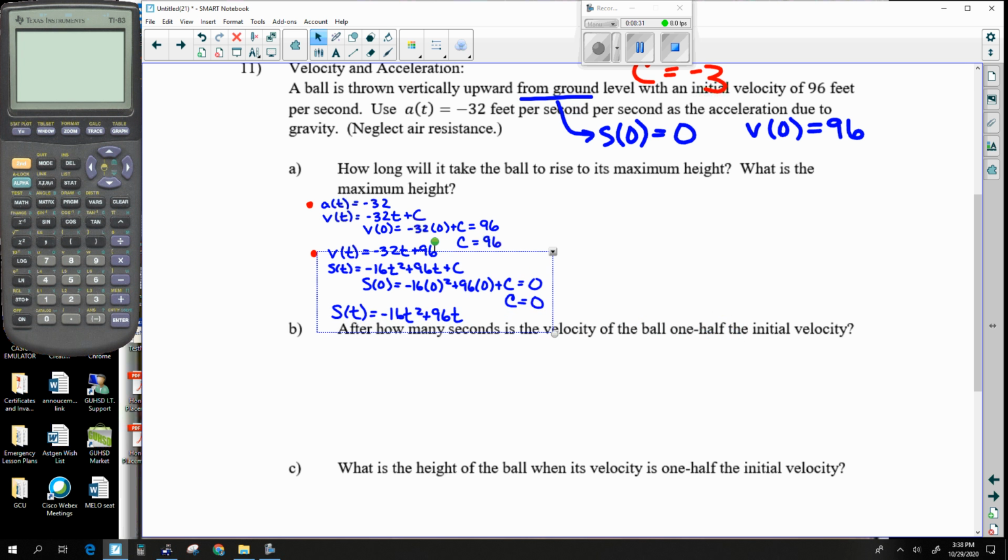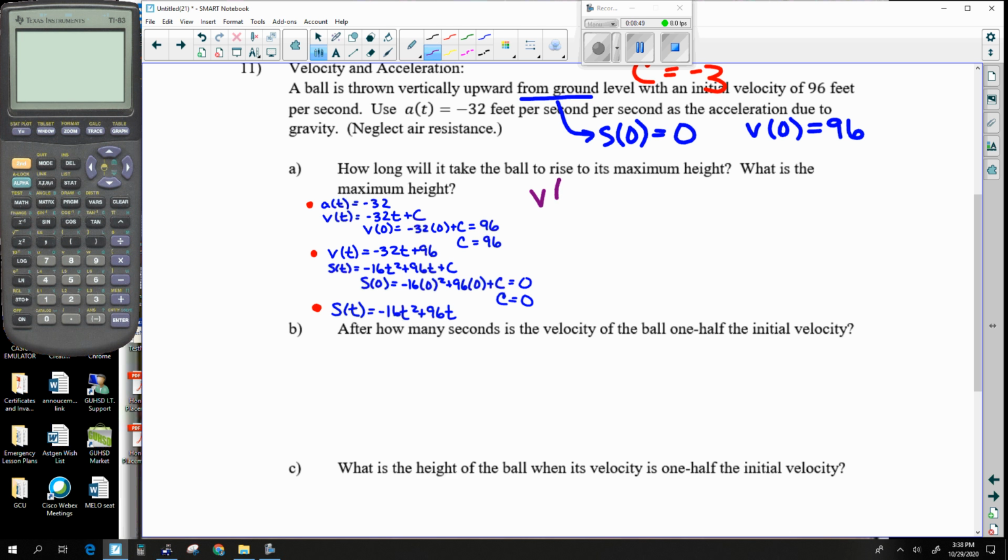I know you probably don't have all this room on your paper, but use the board and I'll explain. All right, so that's another big one right there. So you got acceleration, velocity, and position. Those are complete equations. All right, how long will it take the ball to reach the maximum height?